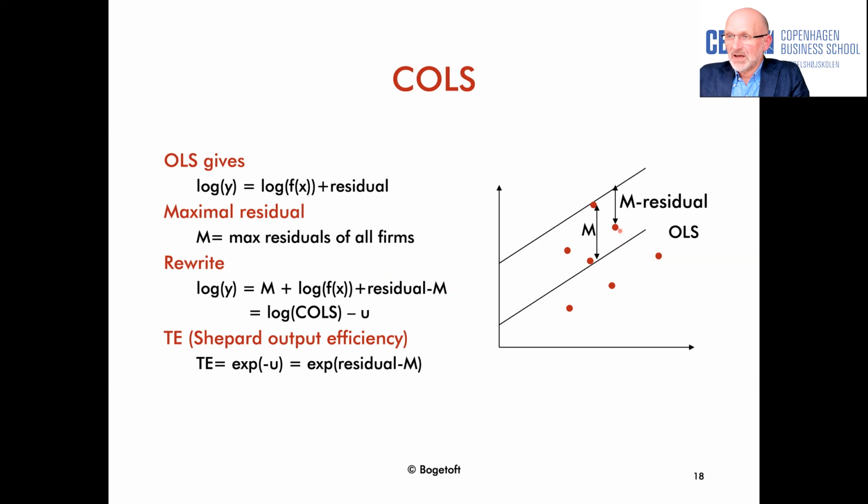So it's the residual from the OLS minus M, which was the largest residual, that we use to estimate the u term. And if you want the technical efficiency, because we use logs, you take the exponential of minus that, and that gives you the technical efficiency of the Shephard type.